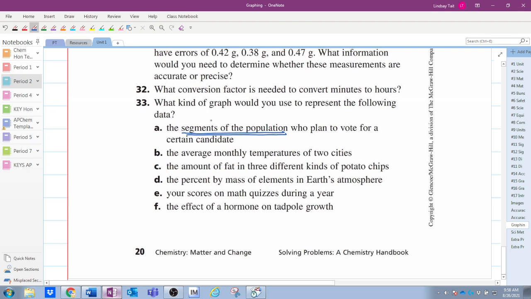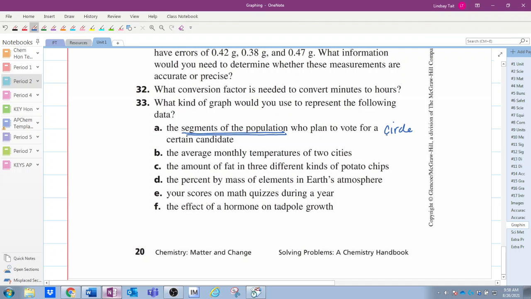But here that phrase, segments of the population being the whole, like maybe they want to know about women and men, like, hey, they're all voting for one candidate, but how many are women or men or different ethnicities or something, right? So that segment of the population is what I would zero in on to say they probably were looking for, and you guys write this in your notes next to letter A: circle graph in that case.